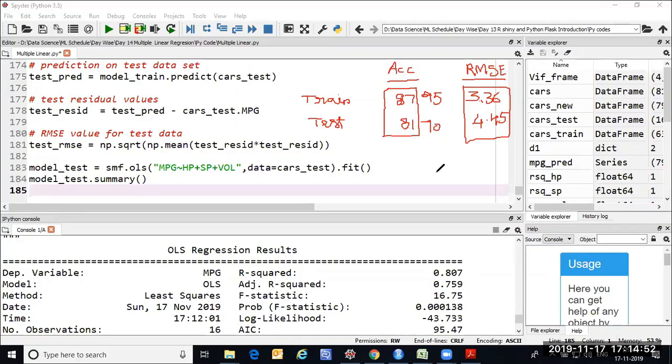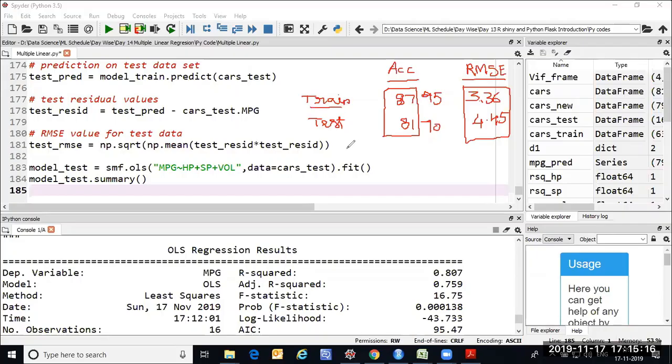Can you consider that model for further analysis? No, right? So what has happened? While training the model, you have made the model so specific that it works very well on the data that you are using for training.